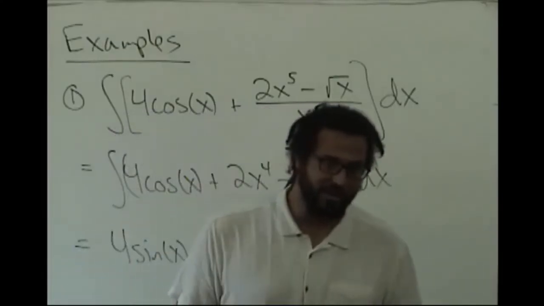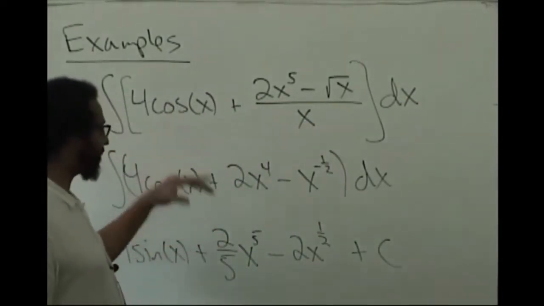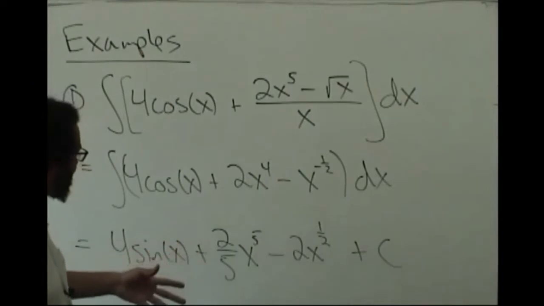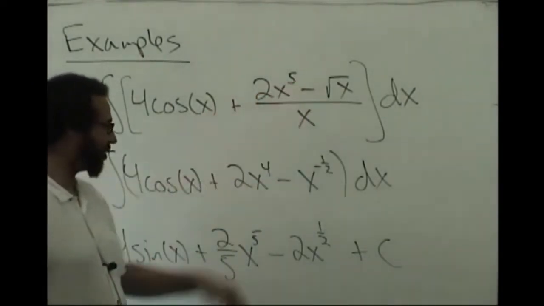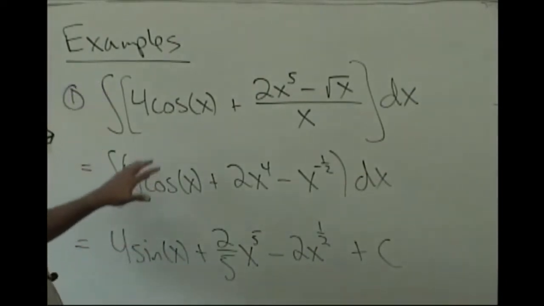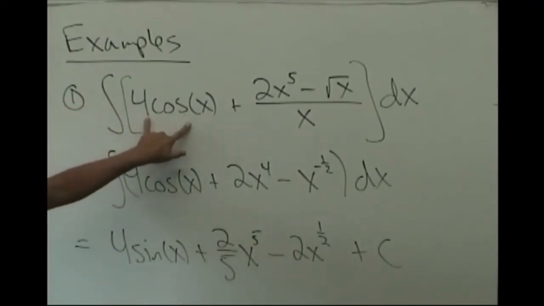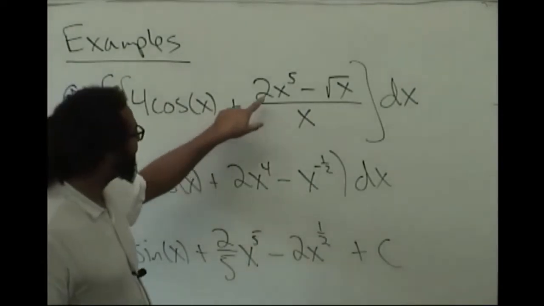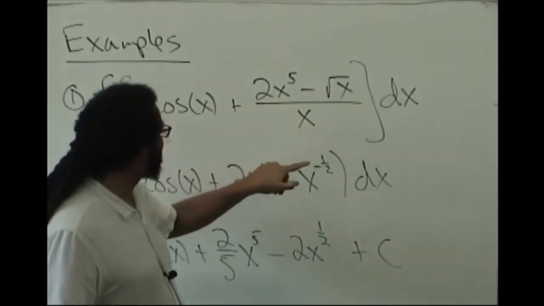All right, so here's our first example of a typical function. It's got a trig part and it's got some algebraic part, almost a polynomial anyway. We want to find the antiderivative, or the same thing as the indefinite integral, of the function 4 cosine x plus 2x to the 5th minus square root x all over x dx.